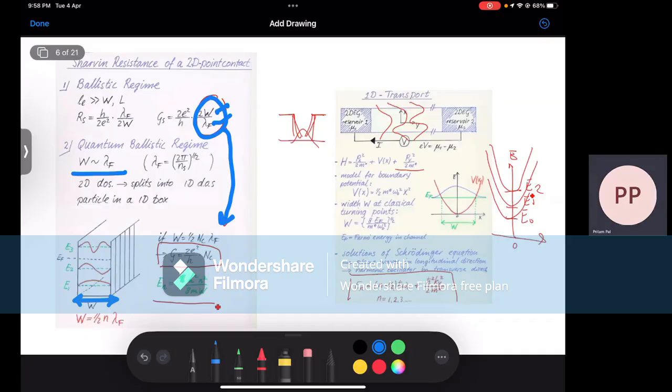Now you can figure out what the energy should be for this particle in a box problem. For a certain W, you get a certain energy, and you can say that if exactly one mode is occupied, then you will have this conductance. Based on this formula, though, there are some gaps in this kind of argument.